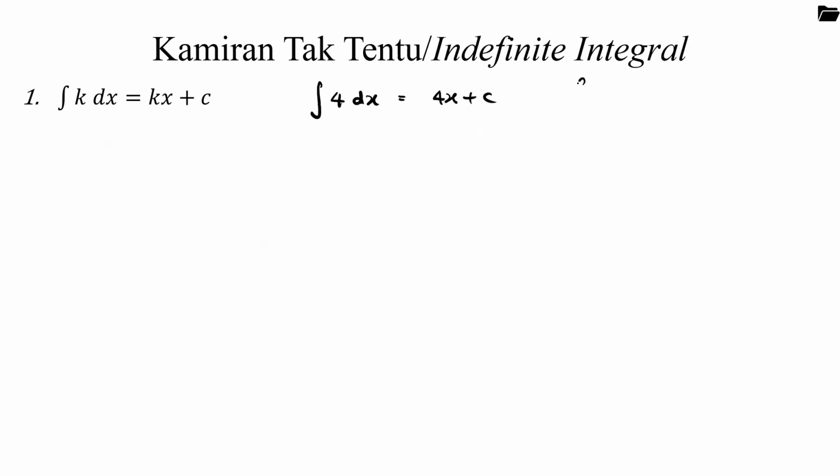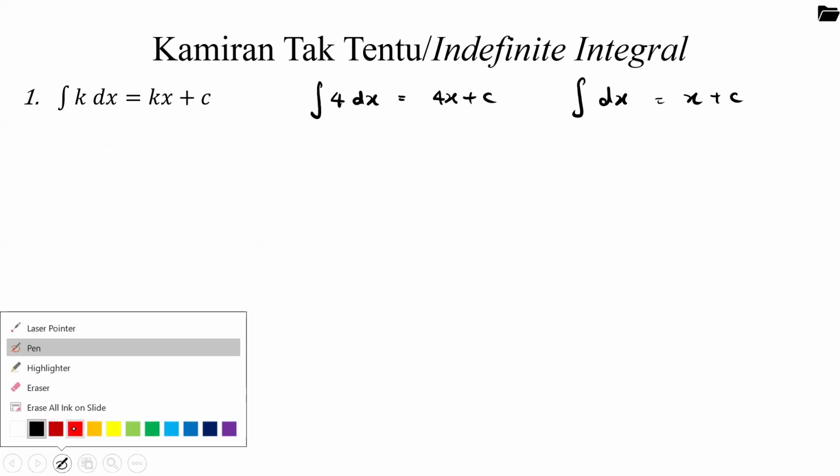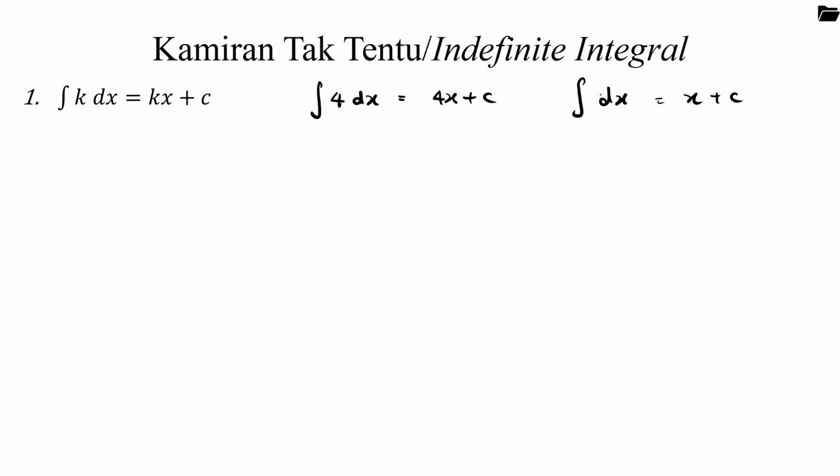Another one is if you see this, what does that mean? It means there is an invisible 1 there. So the answer is just x plus c. So be careful, there's an invisible 1 there. Use another color so that you know you must interpret this as integrate 1 dx yourself. So 1 means 1x.